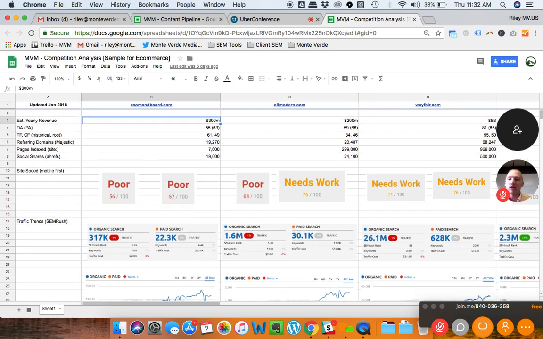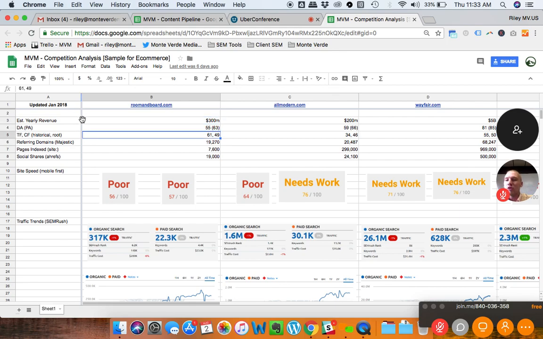Room and Board is a little different because they have a bunch of physical locations as well. So their revenue is generated by their physical locations rather than their web traffic, although I'm sure their web traffic is very valuable as well. I think the estimate here is $280,000 a month for their web traffic. That's pretty solid.